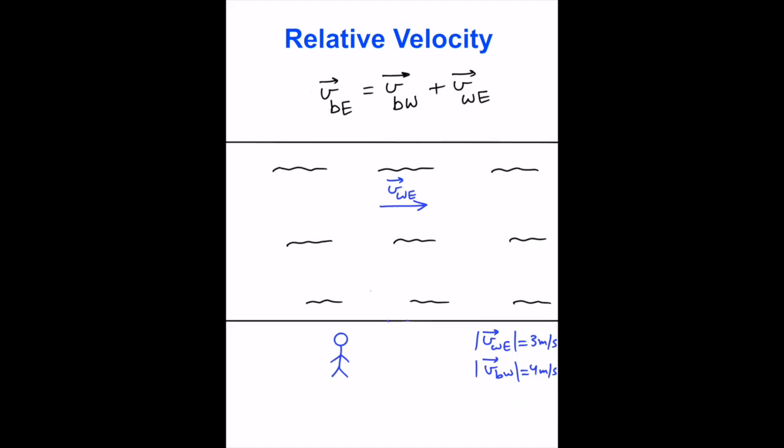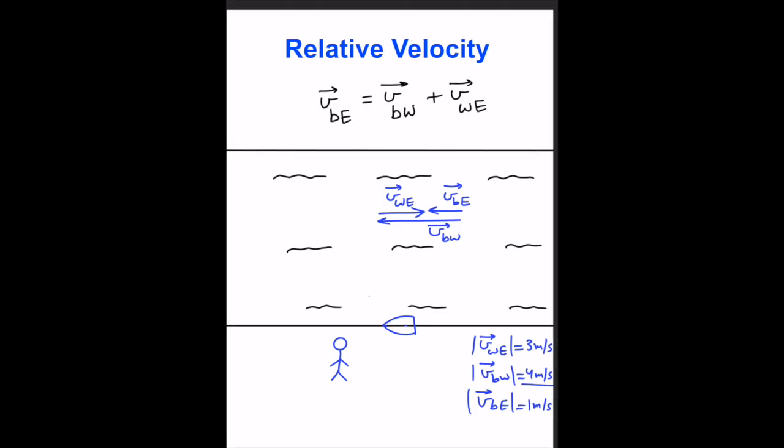So now suppose that the boat is aimed in the opposite direction of the river with the same speed of 4 meters per second. So the vector addition gives this vector, which is the velocity of the boat relative to Earth, which has a magnitude of 1 meter per second directed west. So of course it would be moving slower in this direction and faster when in the direction of the river.